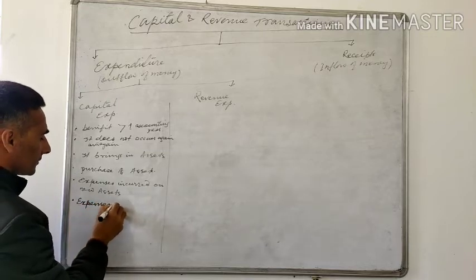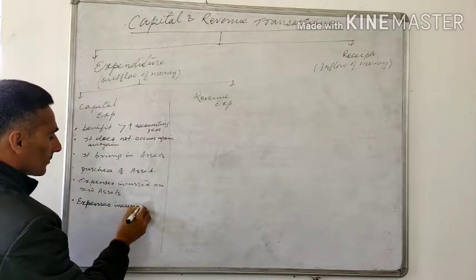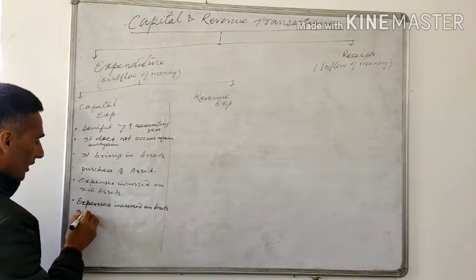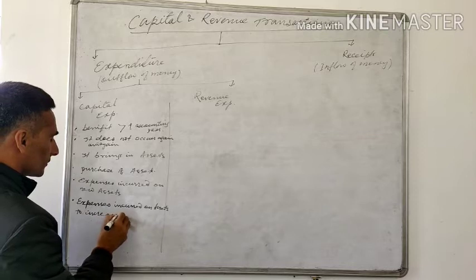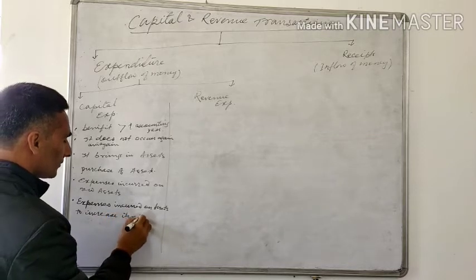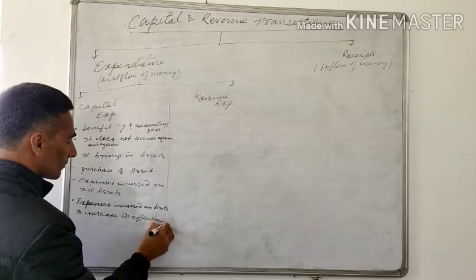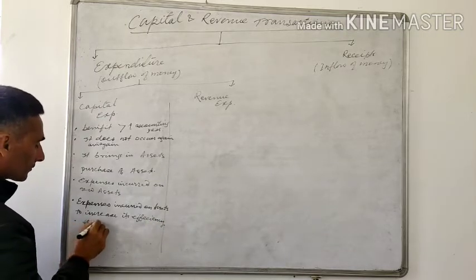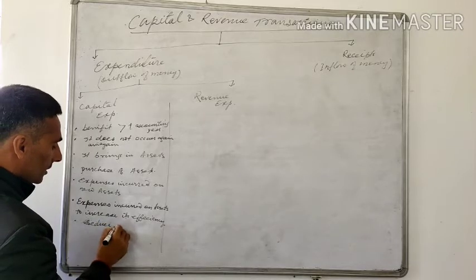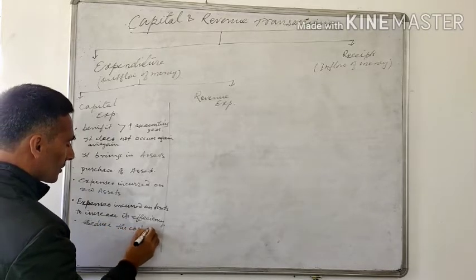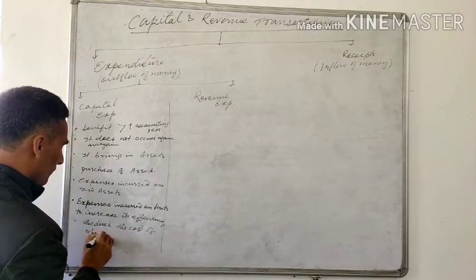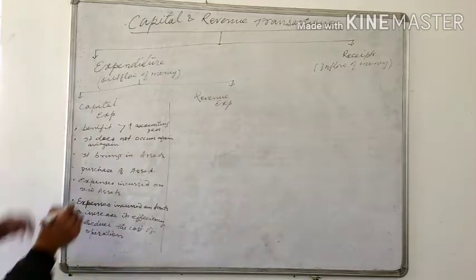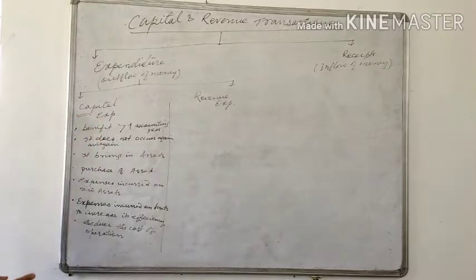Expenses incurred on assets to increase its efficiency or reduce the cost of operation will be termed as capital expenditure.